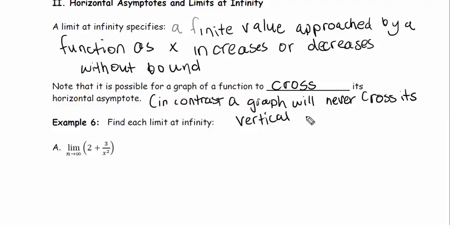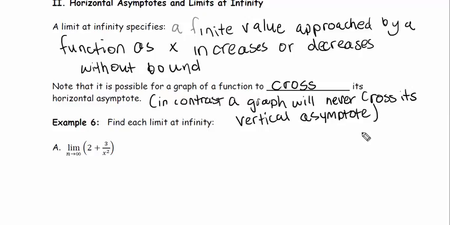Please try to keep that in mind: a graph can cross its horizontal asymptote, but not its vertical asymptote.